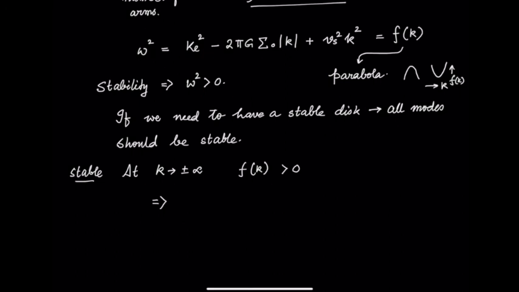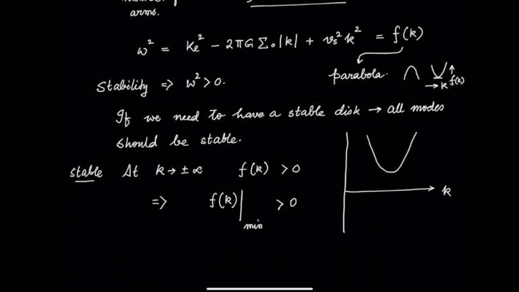This implies that this will happen when the Fk minimum is greater than 0, because if Fk minimum is greater than 0, then everything will be greater than 0. So it's the case here of the parabola.